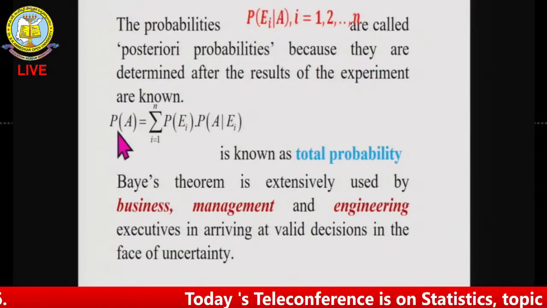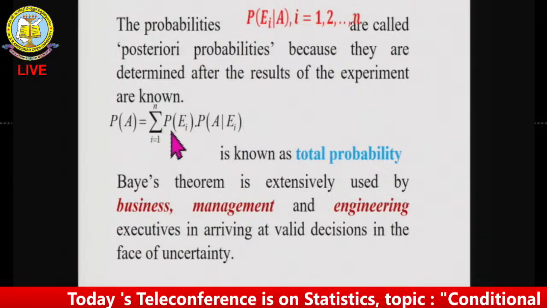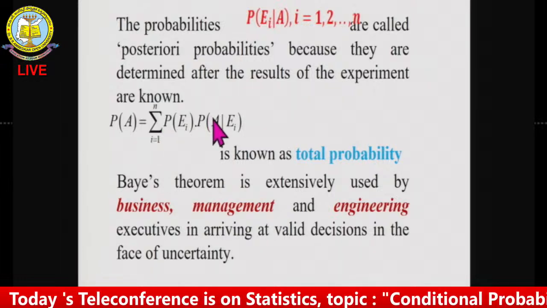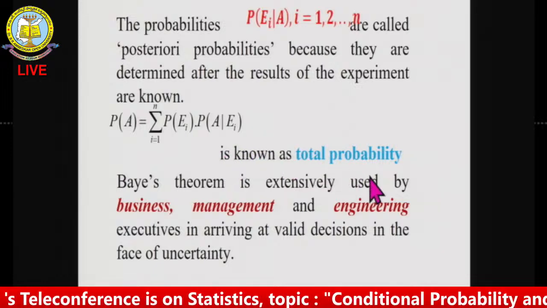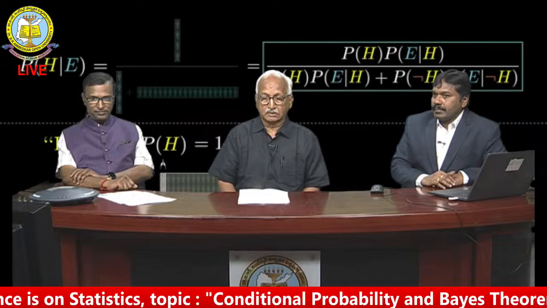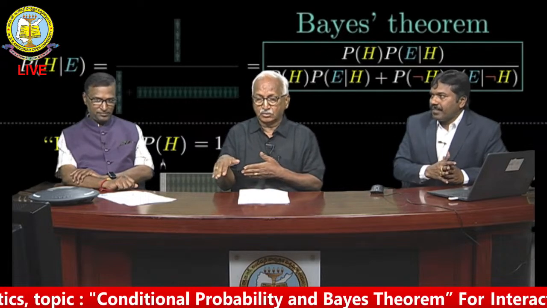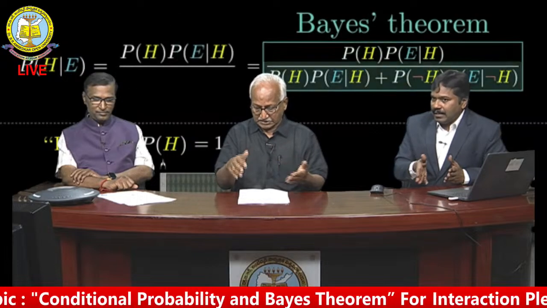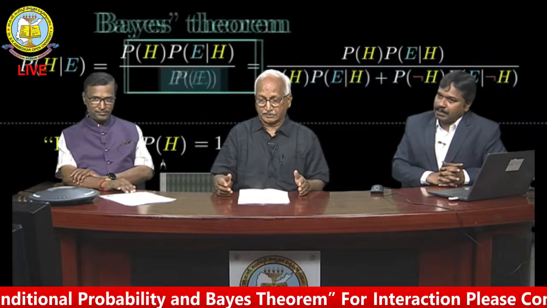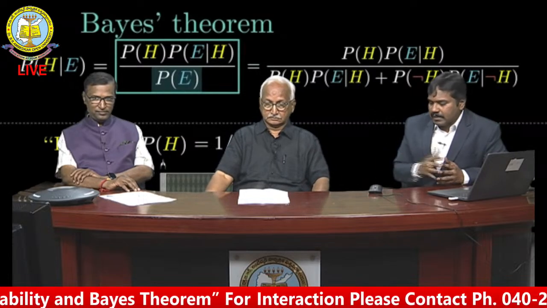So the first one is a priori probabilities, the second one is likelihoods, and the third one is posterior probabilities. Probability of A equal to the sum over i from 1 to n of probability of Ei times probability of A given Ei is known as total probability. So the posterior we are going to estimate given the likelihoods, marginals and the prior probabilities.